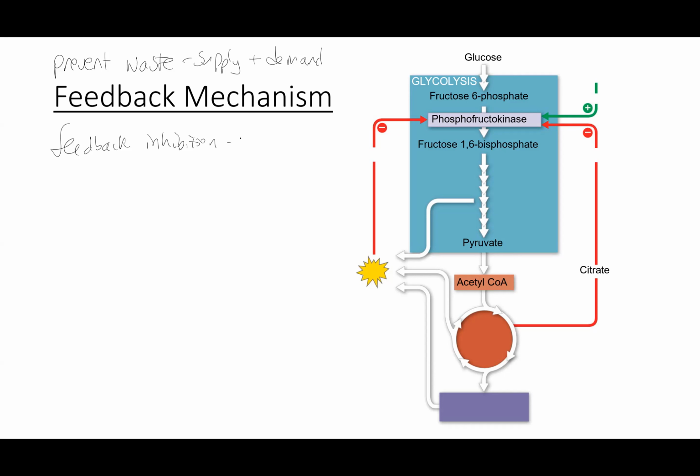So the final product of the reaction will inhibit the reaction from occurring at some earlier step, usually by inhibiting an enzyme, some kind of enzyme inhibition. So you can see in this diagram, that's what's going on.